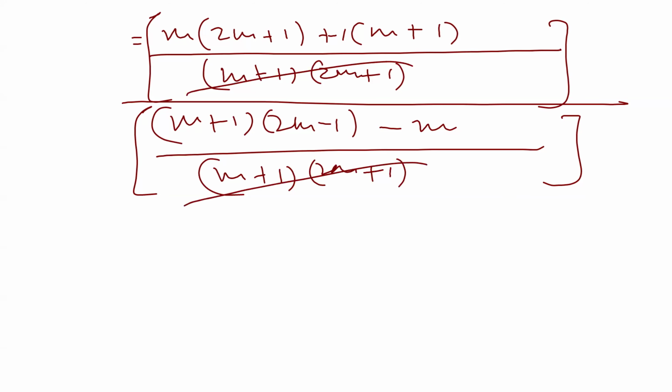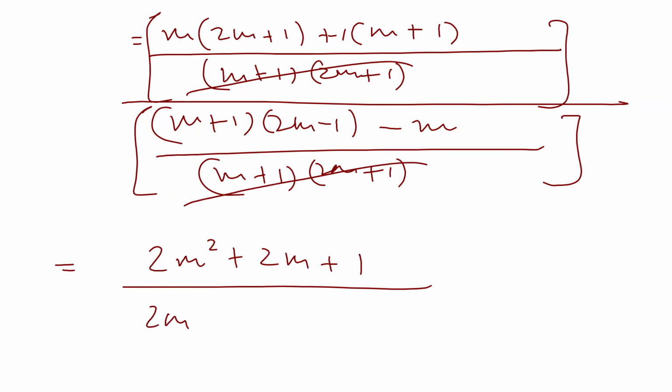Now we'll simplify this. So 2m square plus m plus m, that is 2m square plus 2m plus 1, upon 2m square plus 2m plus m, that is 3m, plus 1, and then minus m.